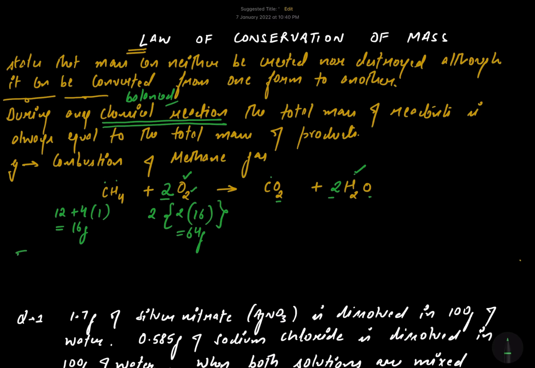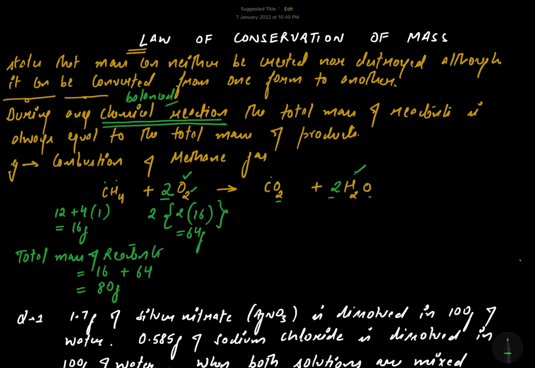So here I am now calculating the total mass of reactants. The total mass of reactants comes out to be 16, that's of methane, and 64 AMU, that's of oxygen. And the total mass comes out to be 80 grams. We are having a net of 80 gram reactants.